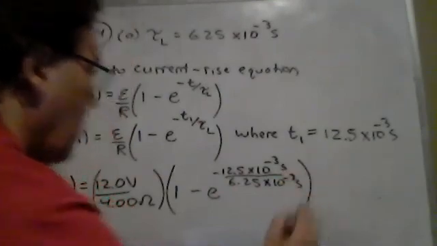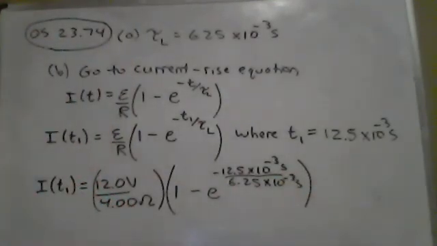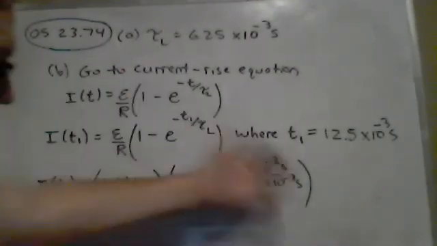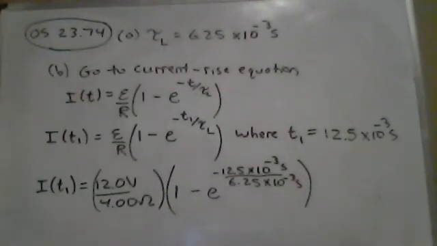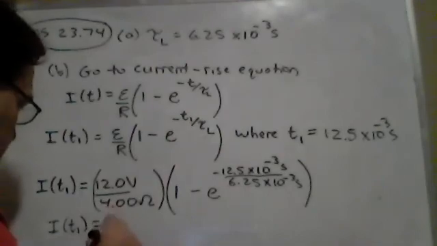Again, for any transcendental function, the argument's always got to be unitless. So seconds over seconds is unitless, right? When I calculate all of this, I will find that I at T1 will be 2.59 amperes.